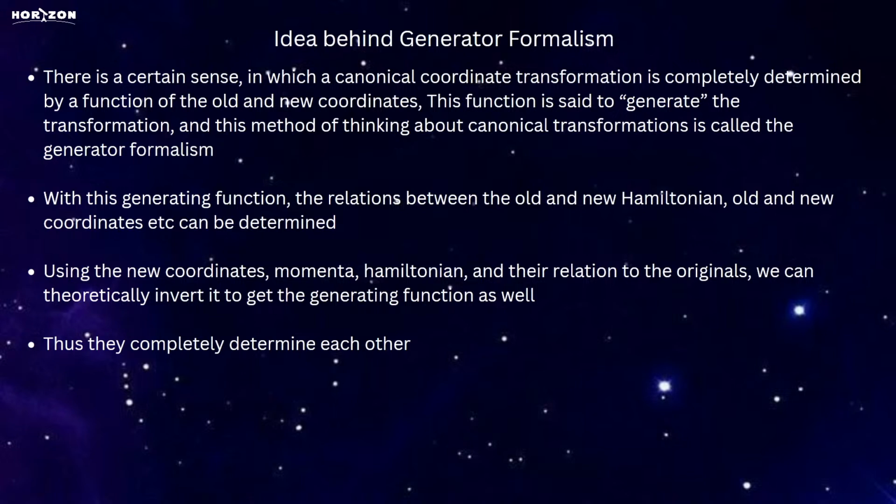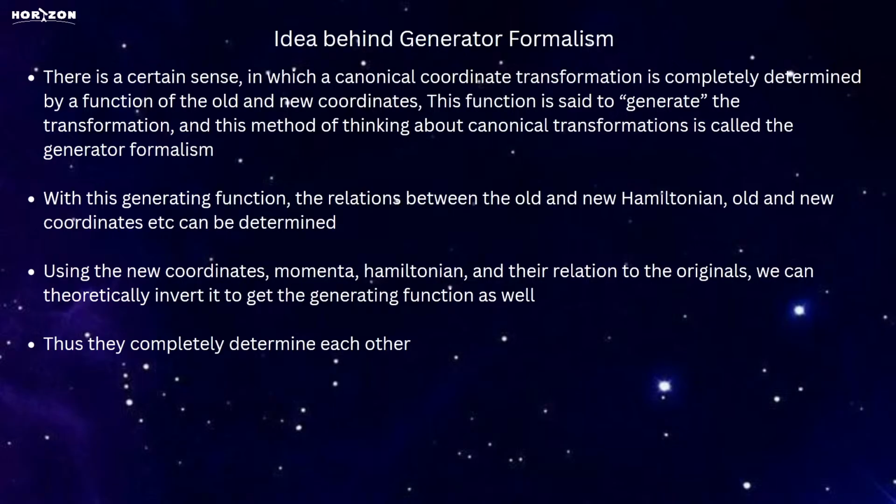As we've earlier seen, a canonical transformation is just a coordinate transformation from an initial set of coordinates to a final set of coordinates. So how do we link these two sets of coordinates? We can introduce a function called a generating function. This generating function maps the initial coordinates and the final coordinates to each other, and it sort of generates the transformation itself, you can say.